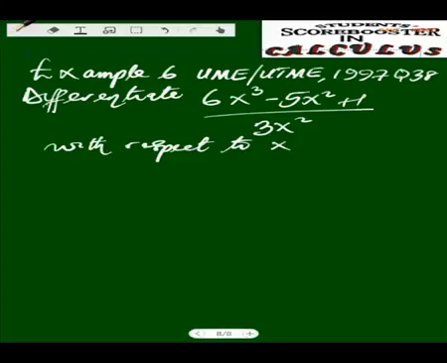So that is the question. So I present the score booster solution.